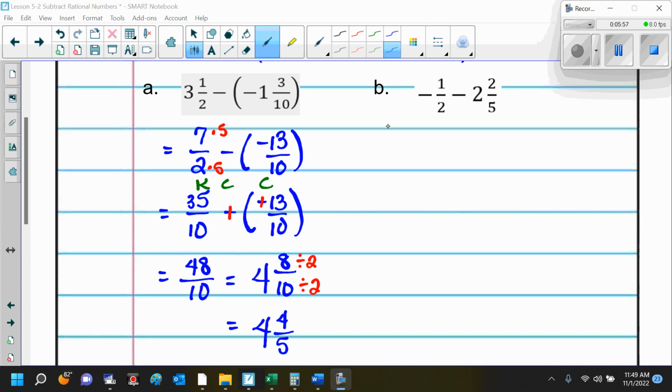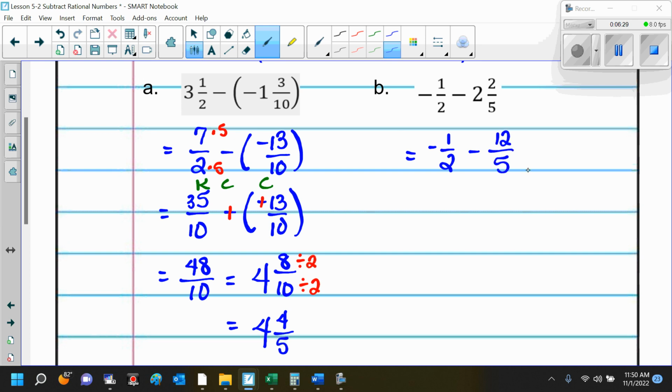So the next one, letter B, we have negative 1/2 minus 2 and 2/5. Okay? First thing again we want to do is we want to change the mixed number to an improper fraction. Very good. So the first fraction is already a fraction, so that's negative 1/2 minus, this can be 2 times 5 is 10, plus 2 is 12/5.